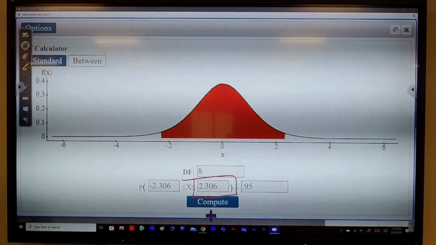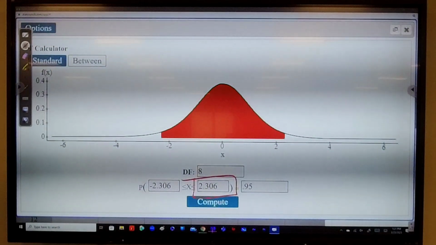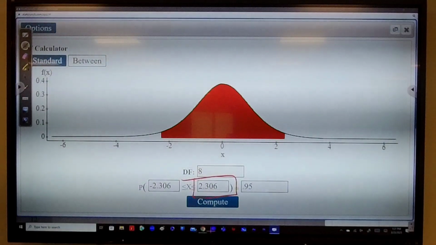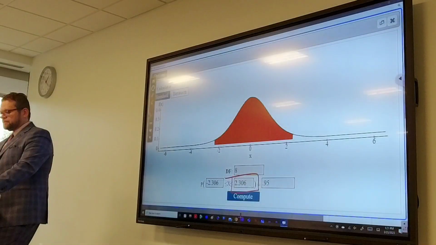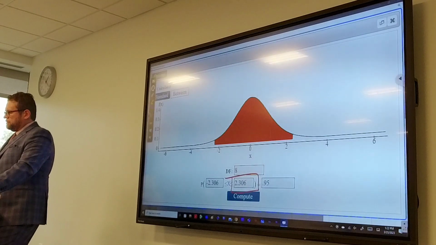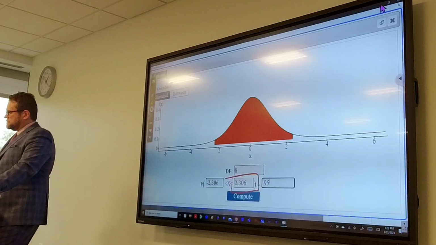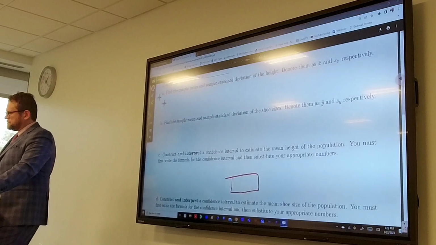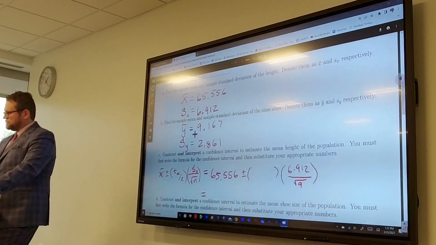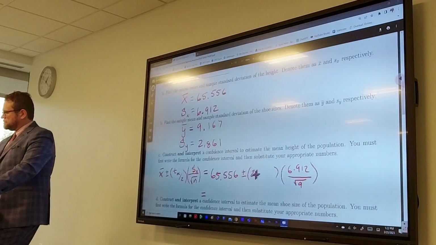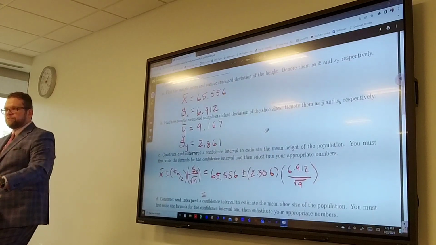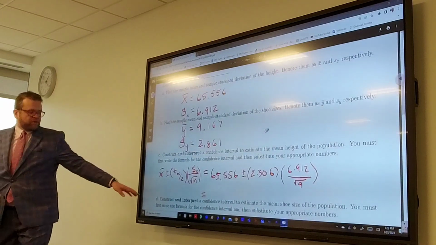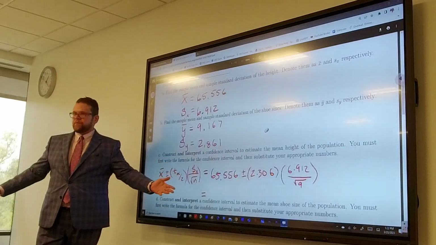So my t sub alpha over 2 is this number, 2.306. I won't have to look up that number at all again because it's the same throughout the whole thing. You only need it in one more place, and that's in part D. It'll be exactly the same.